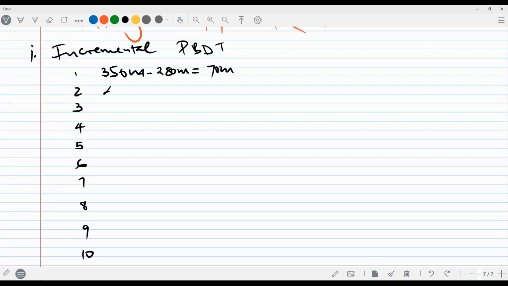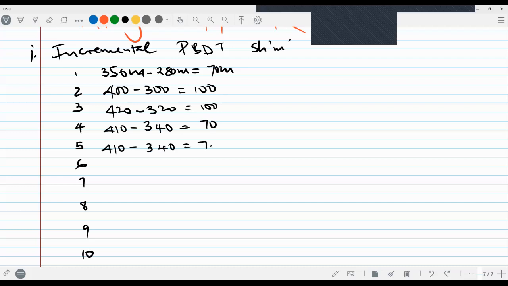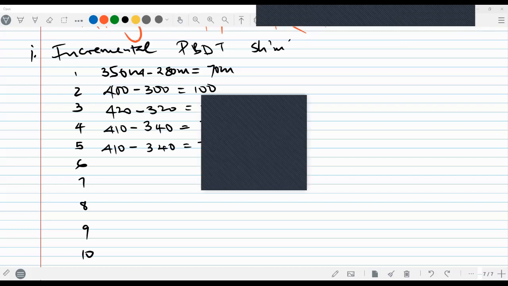Okay, year 2, 400 million, and these are in millions of shillings. 400 minus 300 gives us 100 million. Year 3, 420 minus 320 gives us 100 million. Year 4, 410 minus 340 gives us 70. Year 5 is 410 minus 340 to give us 70.